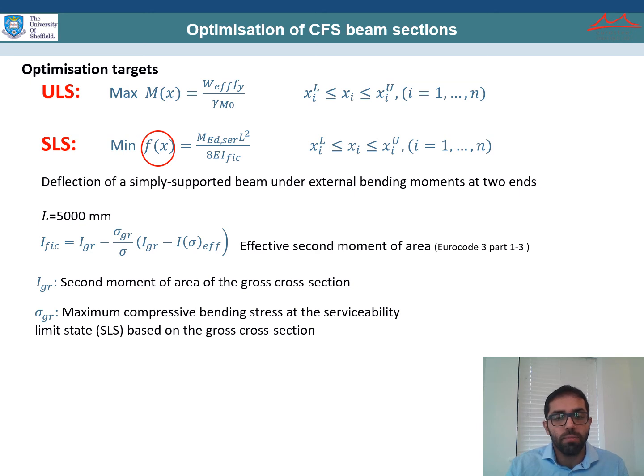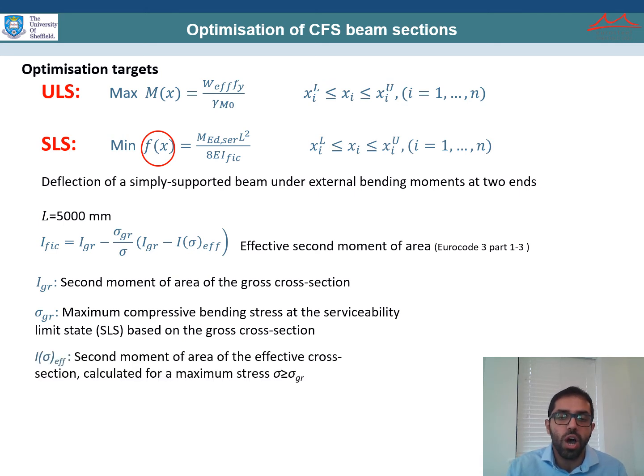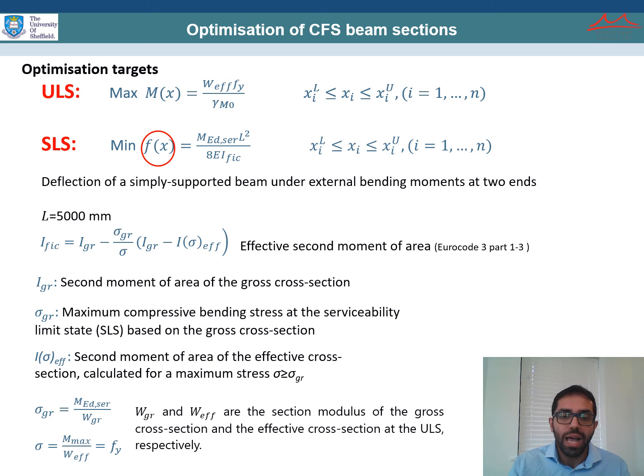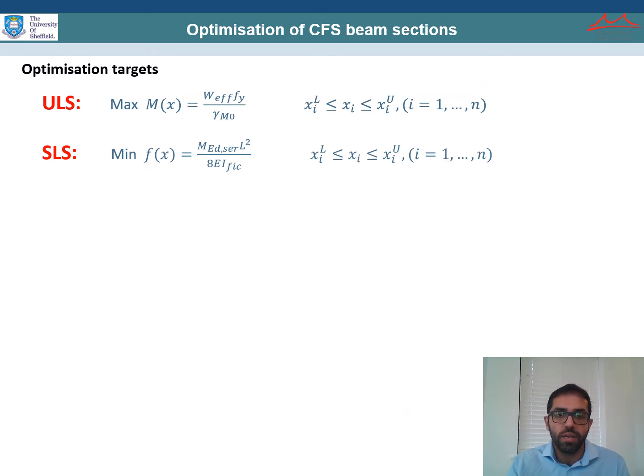Sigma gross is the maximum compressive bending stress at the serviceability limit state based on the gross cross section. I effective is the second moment of area of the effective cross section calculated for the maximum stress, and sigma gross and sigma effective can be calculated using the fundamentals of structural analysis.